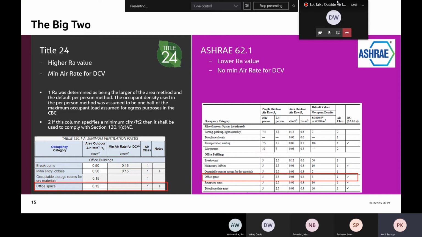However, Title 24 recommends that you have a minimum air rate for demand control ventilation. This column basically specifies the minimum CFM per square foot that shall be used to comply with this section, which is 120.1, and this needs to be performed.